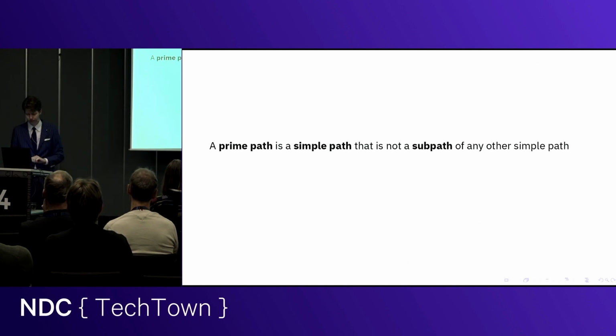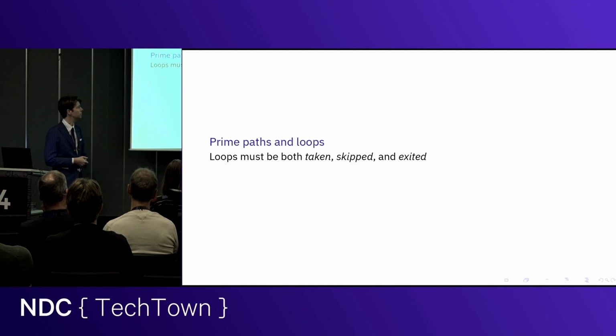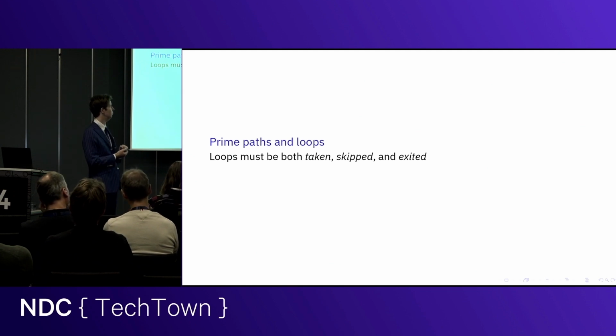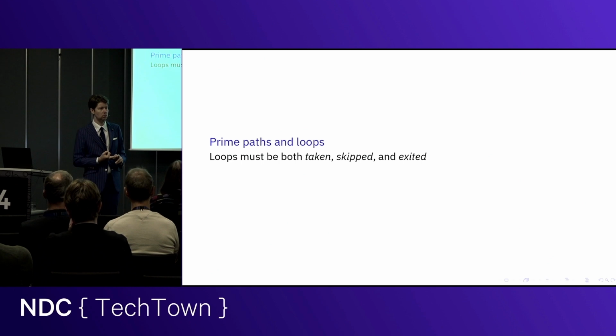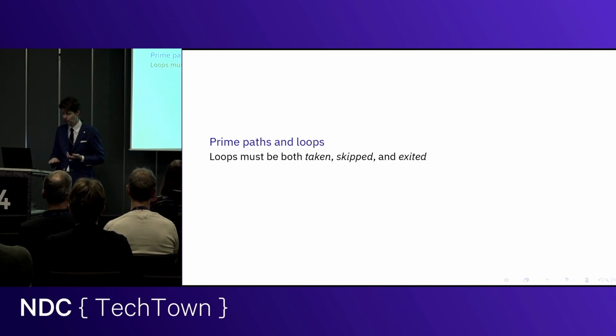Okay, prime paths and loops. So loops must be taken, skipped, and exited. That's our goal. And what this goal gives us is pretty decent coverage over the behavior of loops, while at the same time keeping the growth of paths somewhat in check.